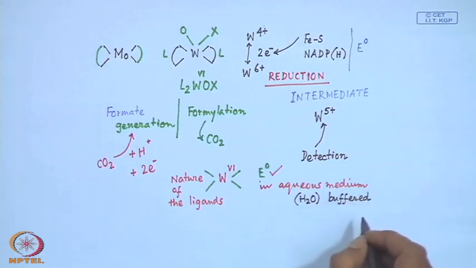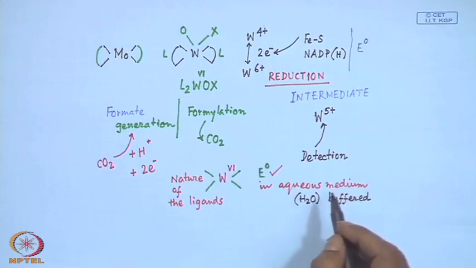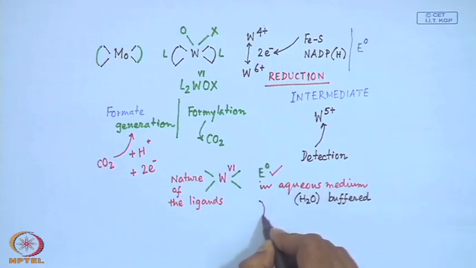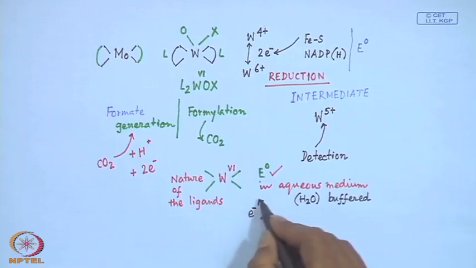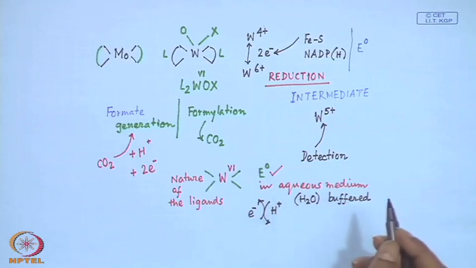So, at suitable pH value only it can either give rise to the corresponding number of protons, or it can accept the proton also. So, the transfer of electron, whether the electrode is supplying the electron or the electrode is taking up the electron, is also dependent on the availability of the proton transfer.